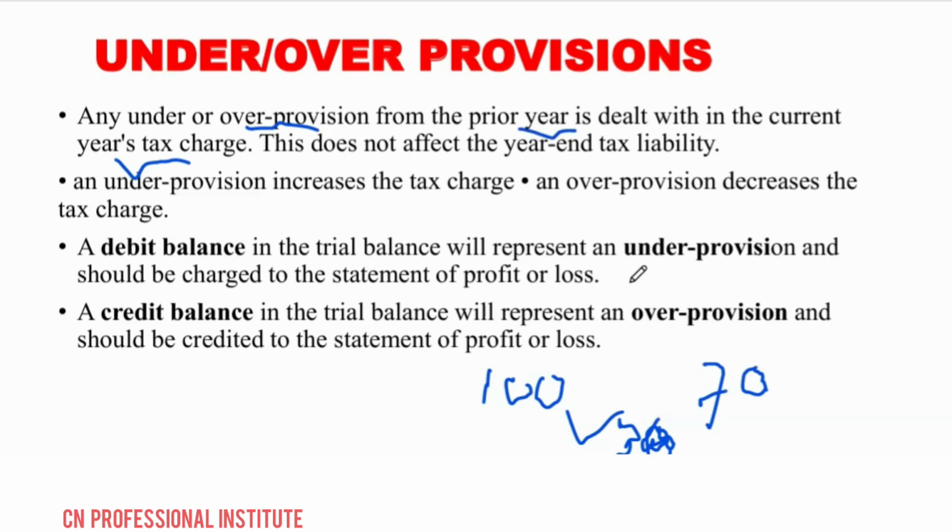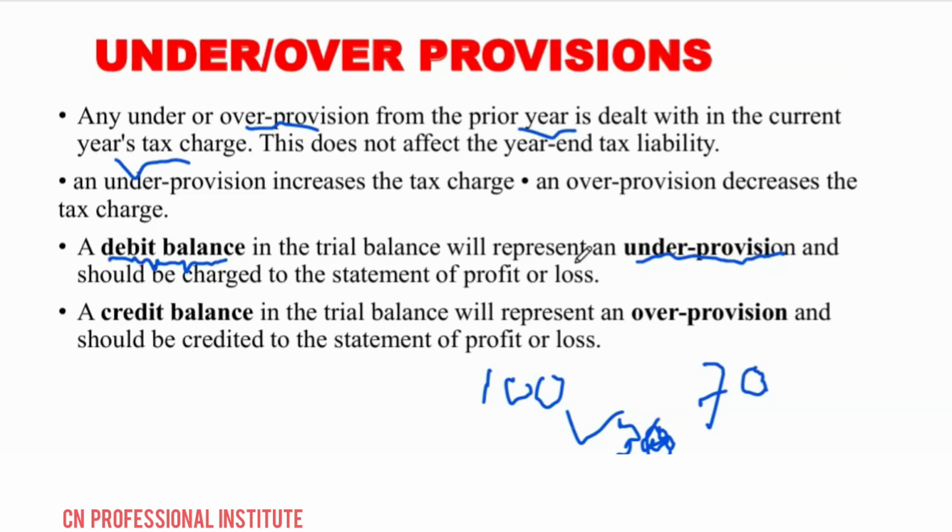So mostly tax figures at the debit side are under provision. So when you see a trial balance and you see tax at the debit side, most certainly it will be an under provision. Under provision is at the debit side because it's an expense you couldn't fully pay last year. So when you come here, it's still an expense which should be added.